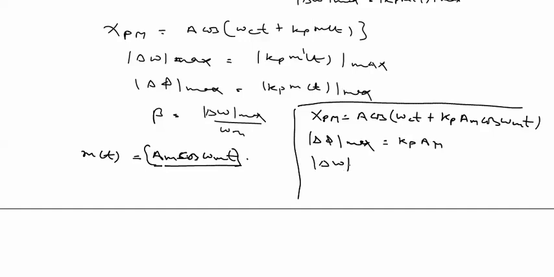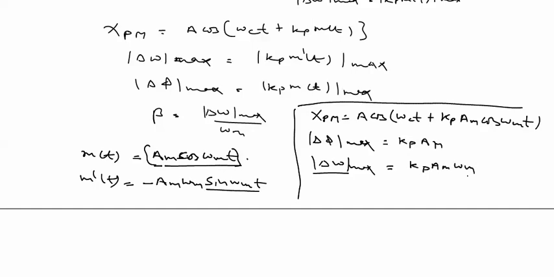Maximum frequency deviation: first differentiate m'(t) equals minus Am omega m sin omega m t, and the maximum value of sine is 1. I can directly write the modulus, no negation: kp Am omega m. For beta, kp Am omega m upon omega m.